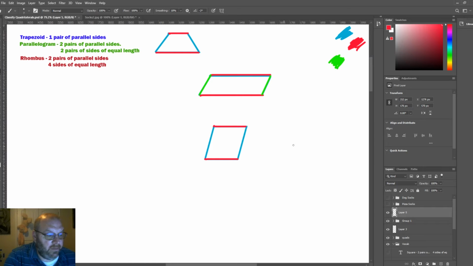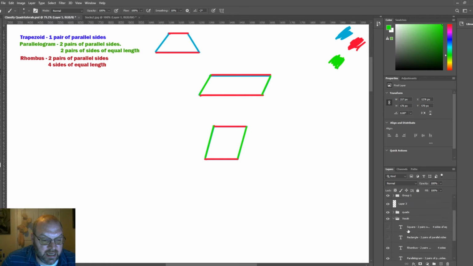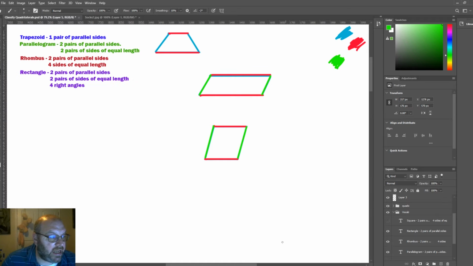That's 1 pair. And this side is parallel with this side. 2 pairs of parallel sides, 4 sides of equal length, okay? That's a rhombus. Now let's look at a rectangle.